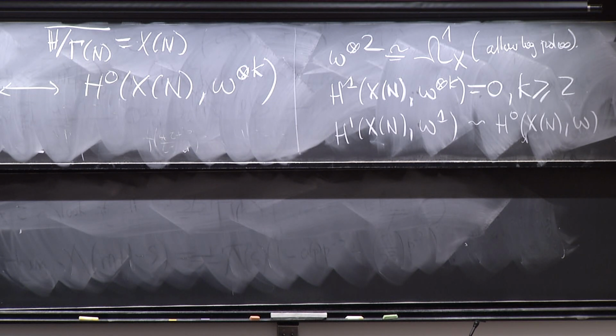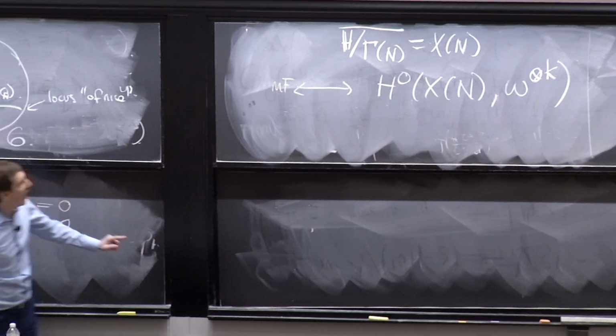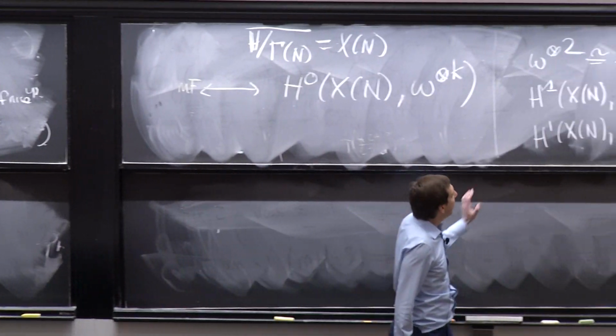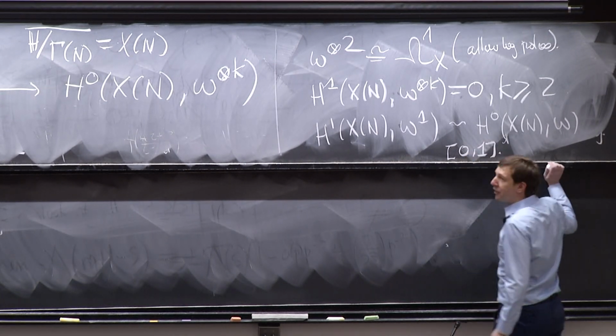So the moral of the story is that in this situation here, the virtual dimension, which is just the expected dimension, was 0, and here the virtual dimension was equal to -1. And so the moral of the story is that this -1 is exactly accounted for by having cohomology occurring in ranges 0 to 1.